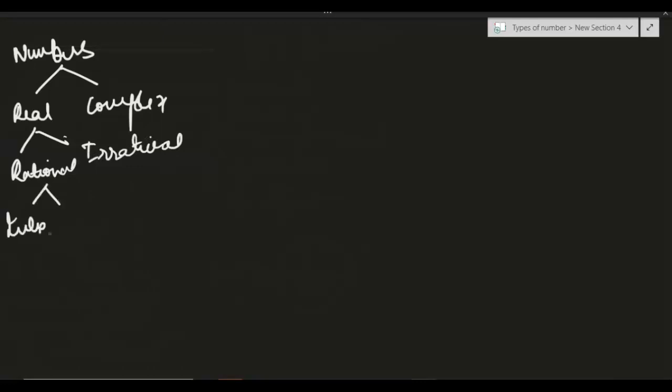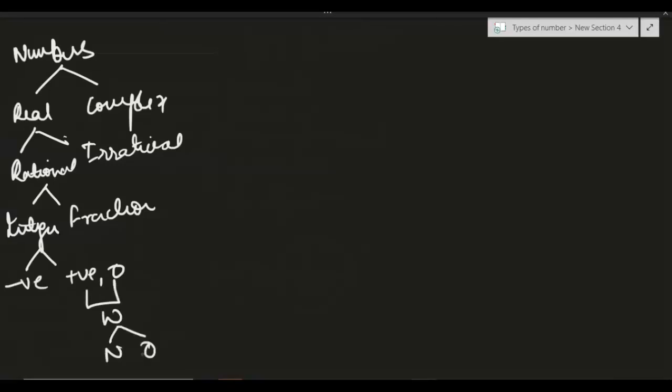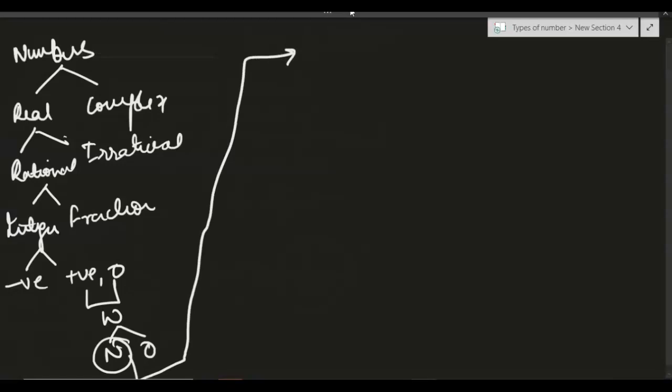Rational numbers again can be divided into two forms, that is integers and the numbers which are called fractions, which we are very much acquainted with. Integers can be broadly categorized into negative numbers and all those positive numbers and the number 0. We very well know that this is actually the whole number.